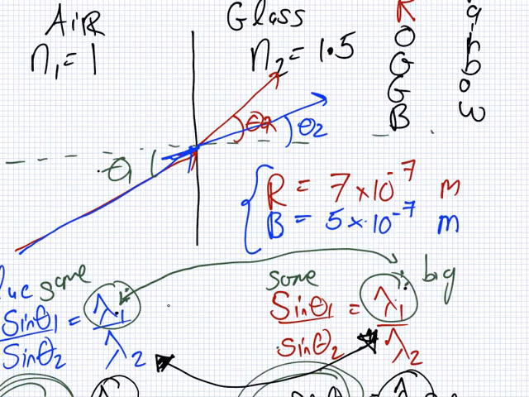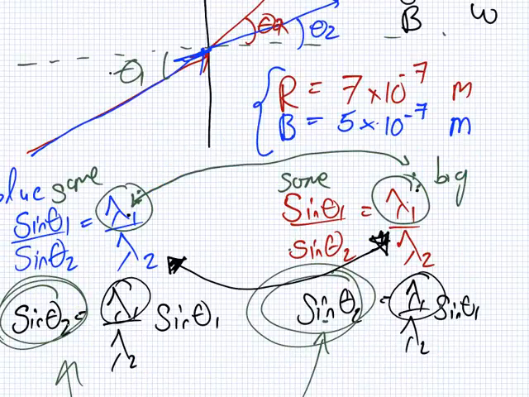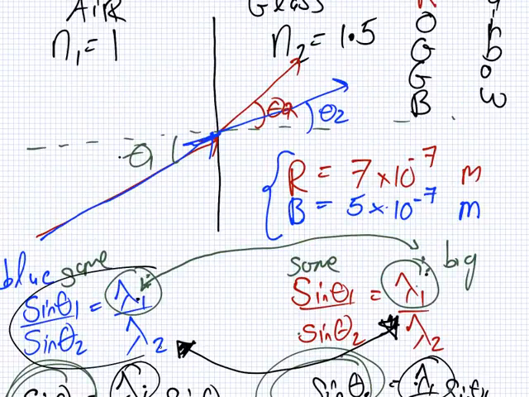Because of different lambda 1s, in the formula theta 2 will try to be bigger or smaller. But they all go in at the same speed. They do, but because they have different wavelengths, they'll all have different angles when they exit. Because another version of Snell's Law gives the relationship between the angles using their wavelengths.